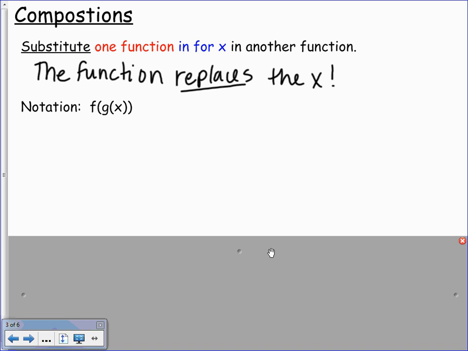So I'm going to write in quotes how I say this. This is f of g of x. Remember when we saw the old function notation, just f of x? That's all we had to say.